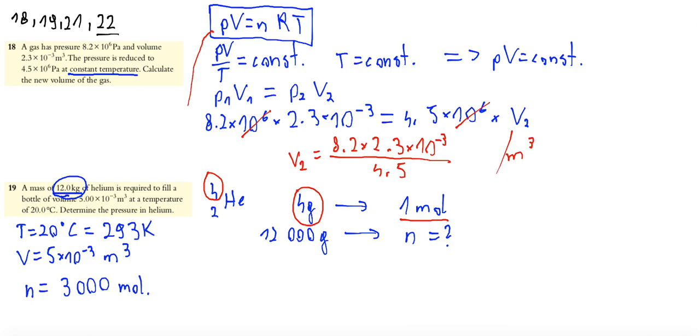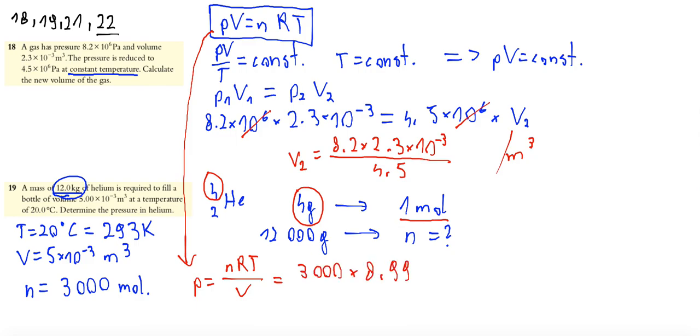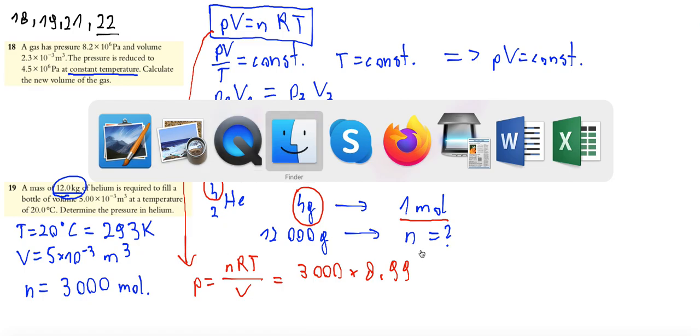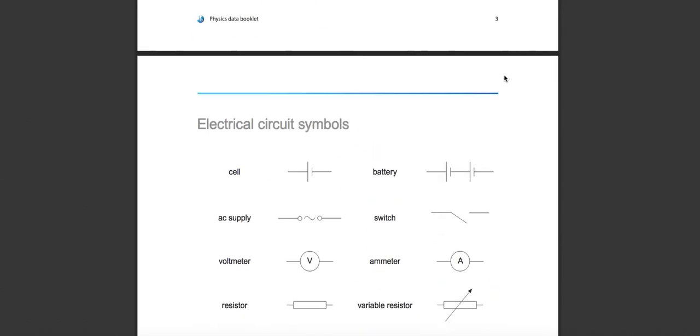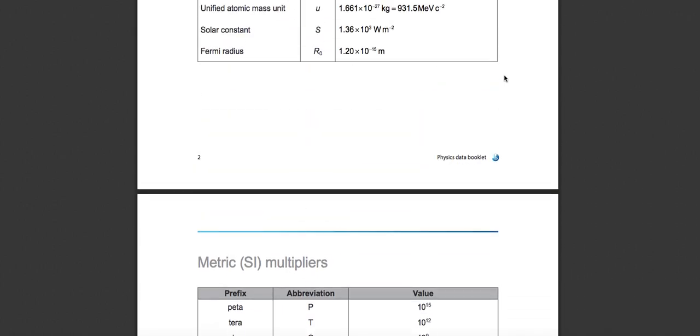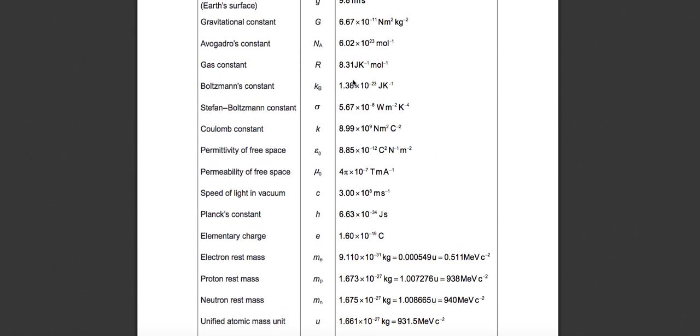Okay, and finally, again, Clapeyron's equation, PV equals nRT, and the question is about P, so P is equal nRT over V, n is 3000, R is a gas constant given in your data booklet, 8.99, probably 8.99, let me check, it's here, constant R, 8.31, sorry.